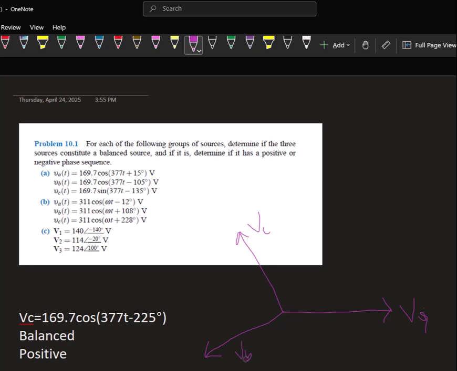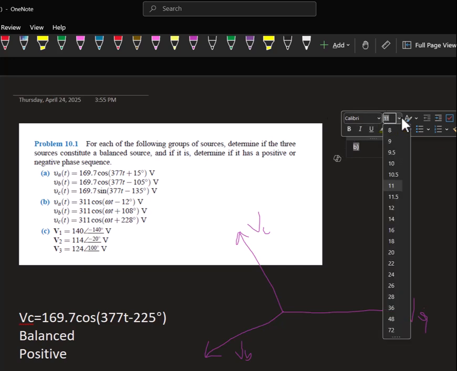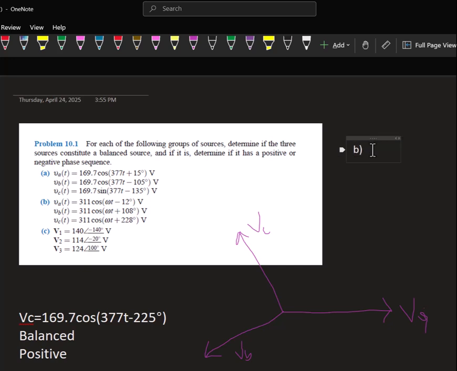If you add 120 to negative 12, you get 108. And if you add 120 to 108, you get 228. So yes, B is balanced. Is the phase sequence positive or negative? Positive, because we're adding.